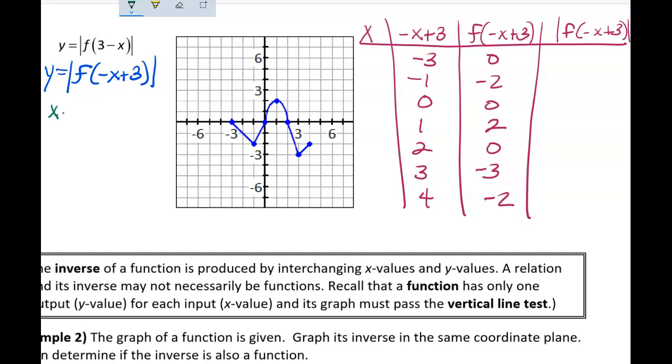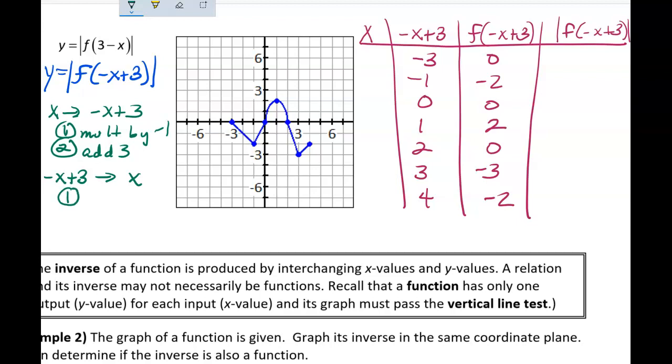So if I'm going from x to negative x plus 3, I'm going to first multiply by negative 1 and second add 3. So if I'm going in the opposite direction, that is, I have the negative x plus 3 value and I want to figure out x, we're going to undo those operations in the reverse order. So first, I'm going to undo the add 3, which is subtract 3. And then secondly, I'm going to divide by negative 1.